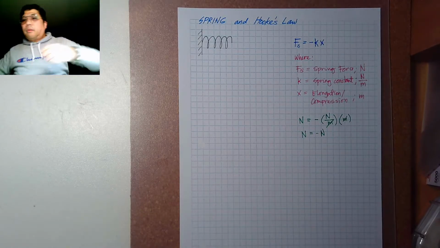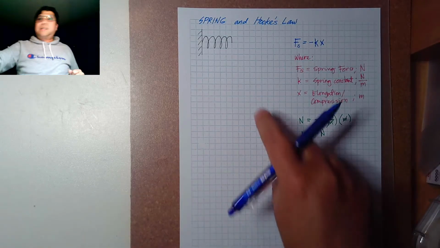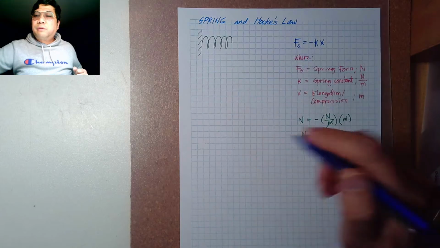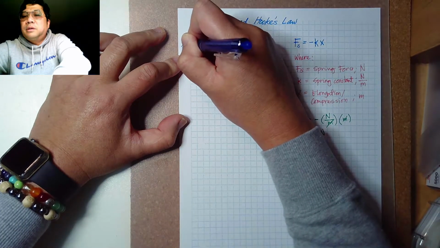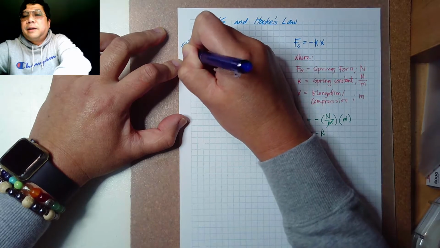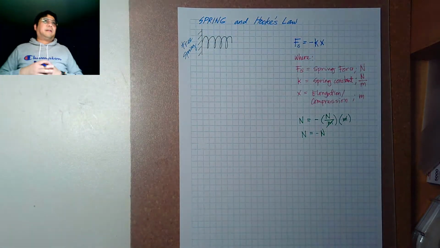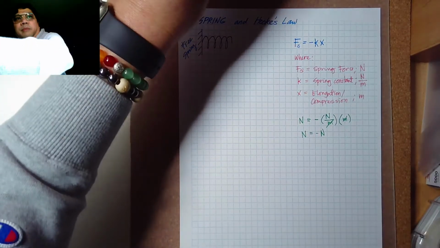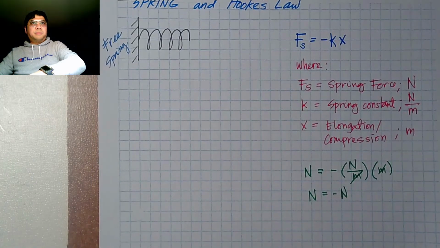First, we all know that this is a spring and there's no force. So this is your free spring. Nothing is influencing the spring yet. I'm not applying any force on the spring.